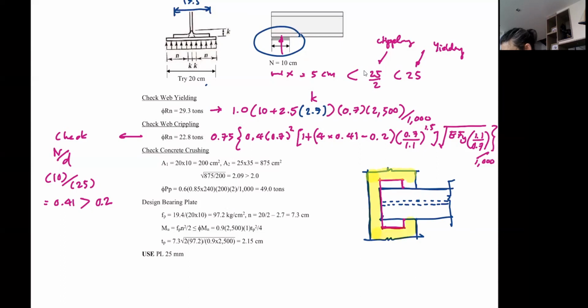Okay, that becomes the concrete beam, and now you have the steel plate acting on it. So that is a steel plate underneath your beam, and this is going to be the width of your concrete beam, right? 25 centimeters.